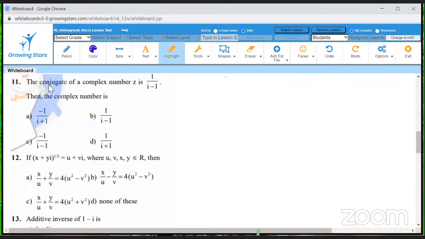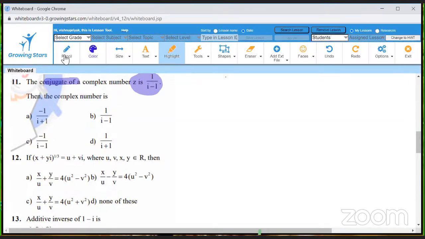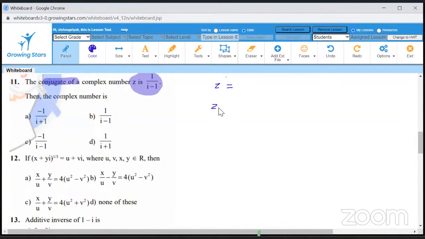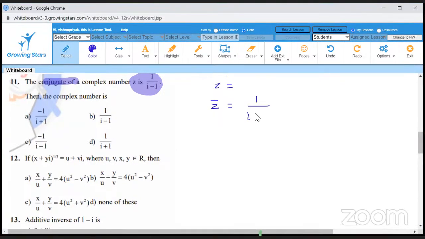The conjugate of z is 1 by i minus 1. That means I don't know what is z, but I know the conjugate of z. I know what is z bar, 1 by i minus 1.